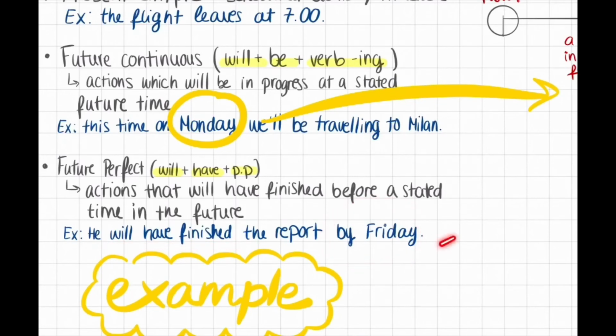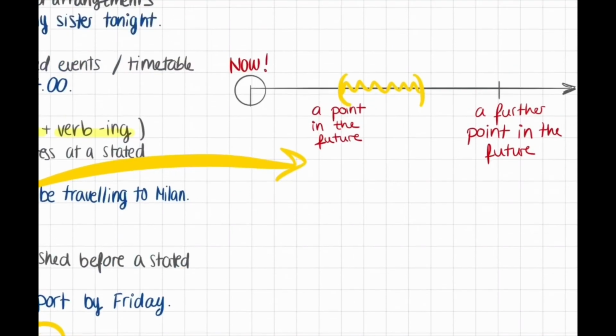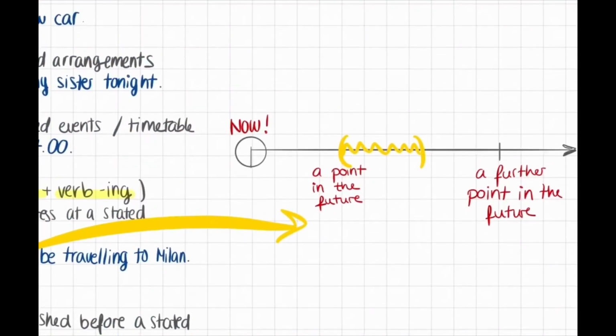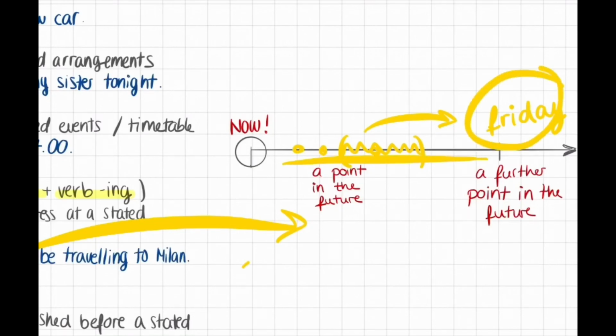Okay, so if we go to the timeline, imagine this is Friday, and he will have finished the report at some point in the future. It can be here or here or here or wherever, but always before Friday and in the future. Okay, so he will do the report at some point in here, and by Friday the report will be done.